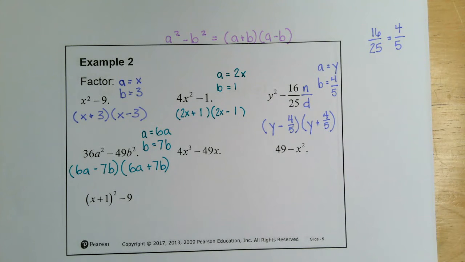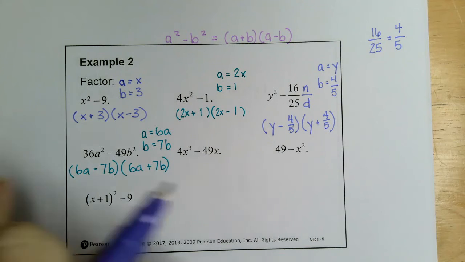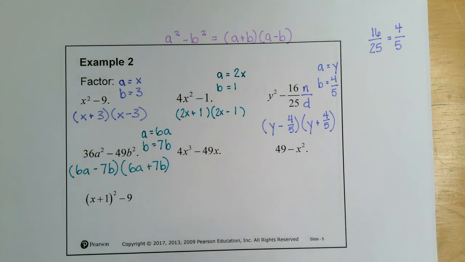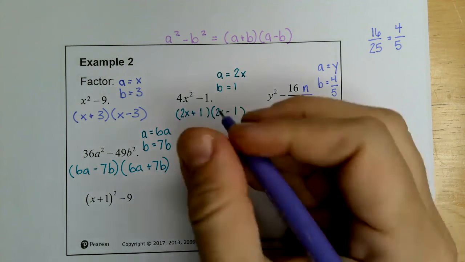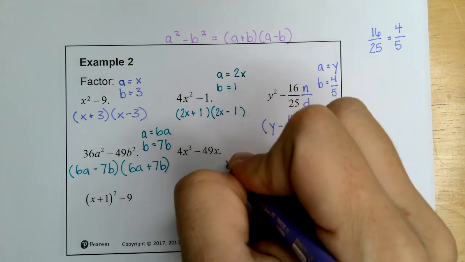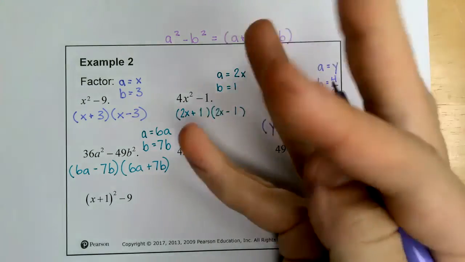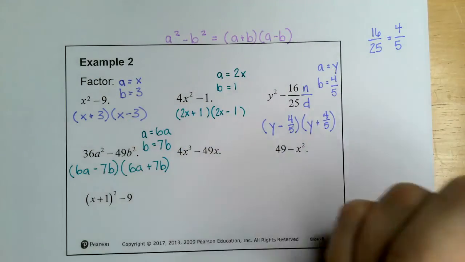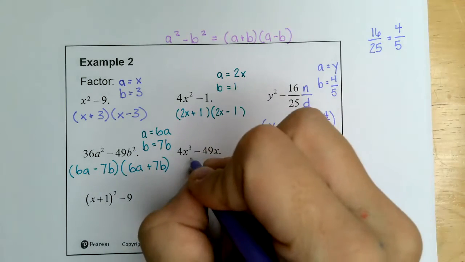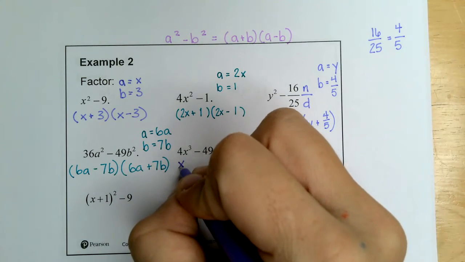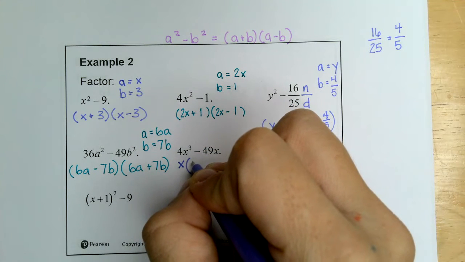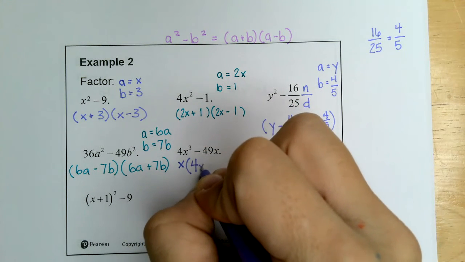4x to the third minus 49x. Uh-oh. This is not a perfect square, and this is not a perfect square, but you see that there is a greatest common factor that we can pull out. If we pull out that factor, we might get some perfect squares. That factor is x. So 4x to the third divided by x gives me 4x squared.